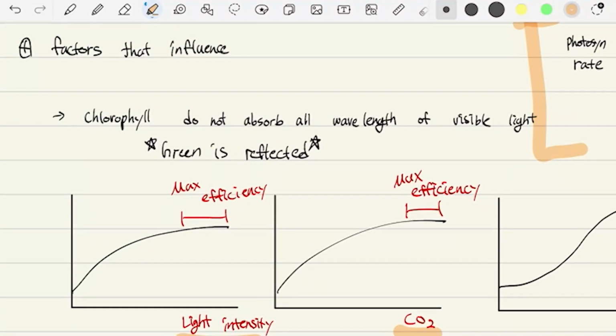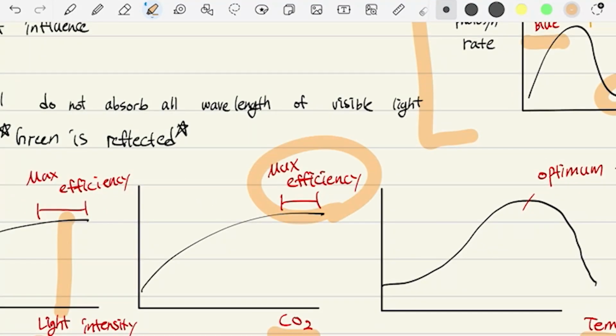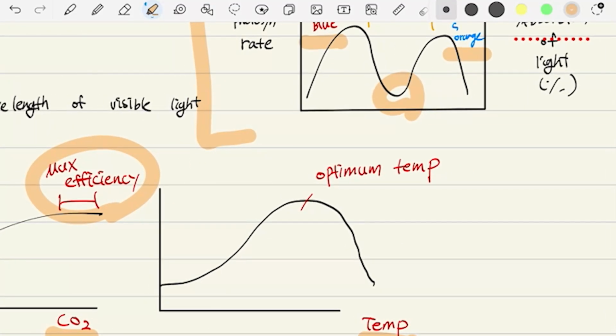If you look at the light intensity, when the light intensity reaches a certain level, the photosynthesis reaches the max efficiency and the rate stops increasing. It's the same for H2O when it reaches the max efficiency, and it's a little bit different for temperature because, as I said in the previous videos, proteins usually denature when the temperatures are too high, and it's also the same for photosynthesis.